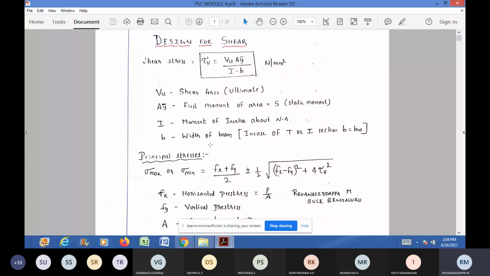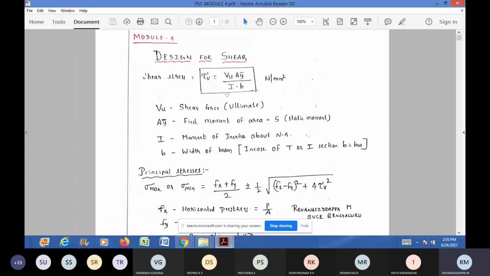The shear stress. This is a well-known formula. Shear stress formula: tau v is equal to Vu into A y bar divided by I into b, where Vu is the shear force acting at a point, whether it may be the support or the center of the section. Wherever we are interested to find the shear stress induced, there we need to find the shear force.